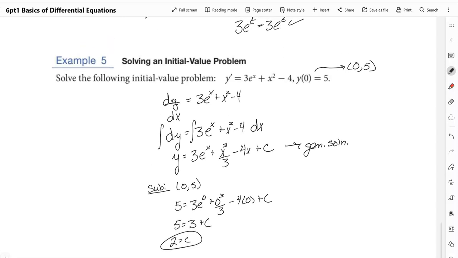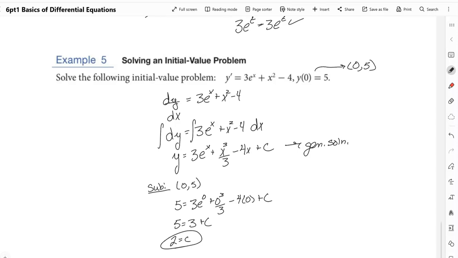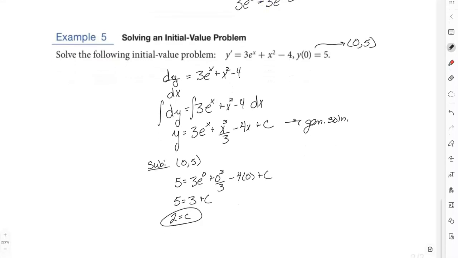So my particular solution, I'm trying to get that to scroll. Particular solution: y equals 3e to the x plus x cubed over 3 minus 4x plus 2.